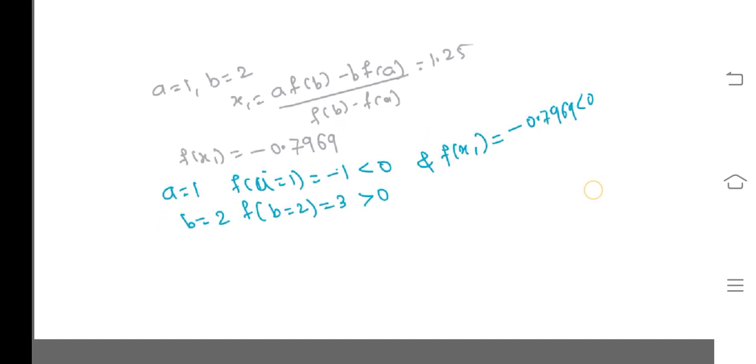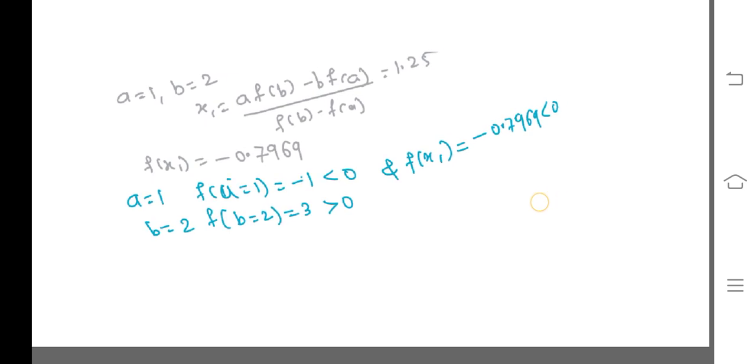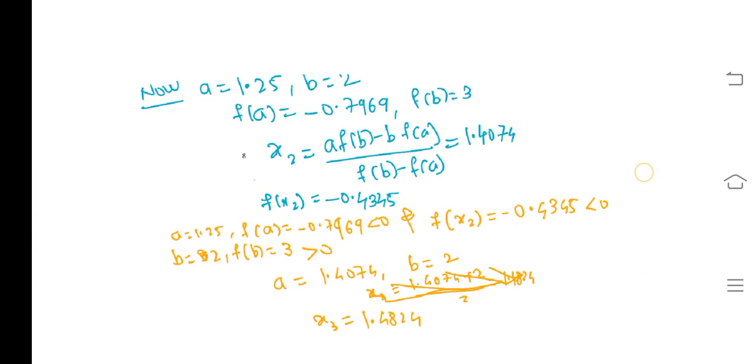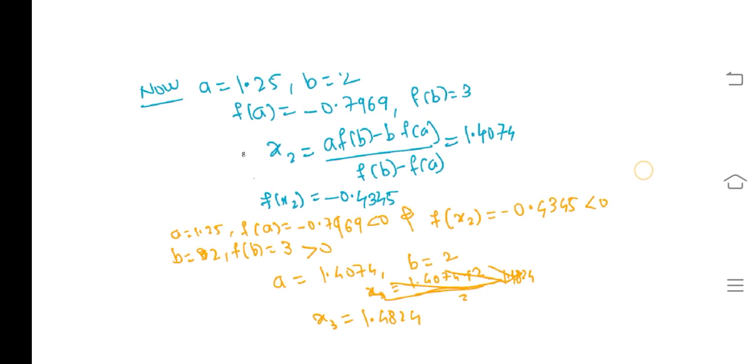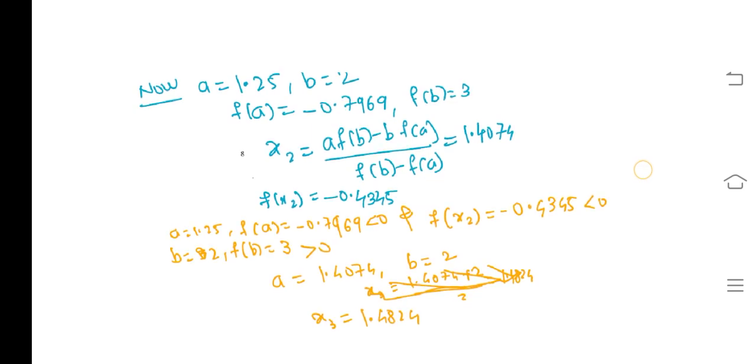So now a is 1, b is 2, and f(x1) is negative. So the root will lie between x1 and b. So a is 1.25, b is 2, f(a) is now minus 0.7969, f(b) is 3.